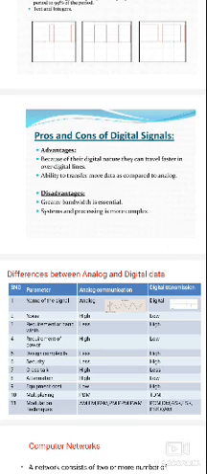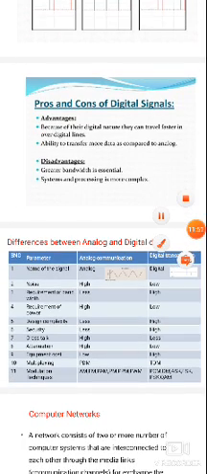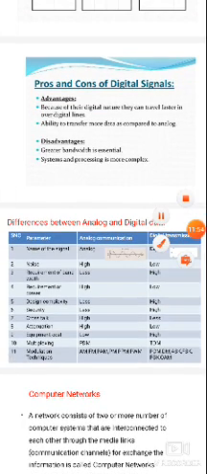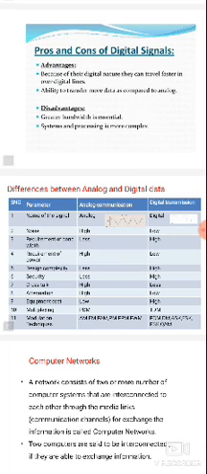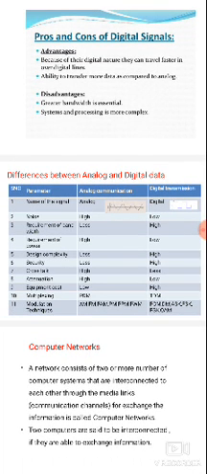The main disadvantage of digital signals is that they occupy greater bandwidth, whereas the advantage of analog signals is that they occupy less bandwidth.